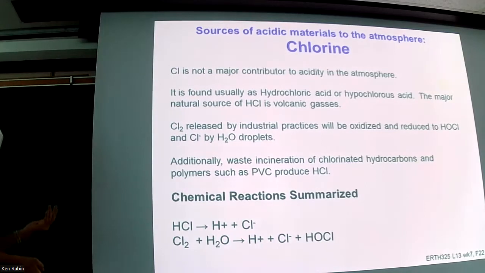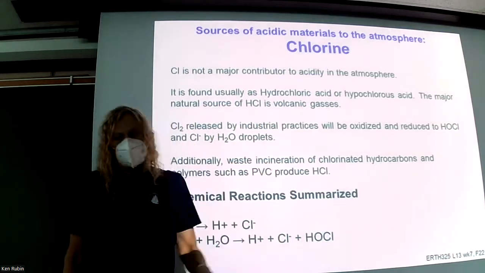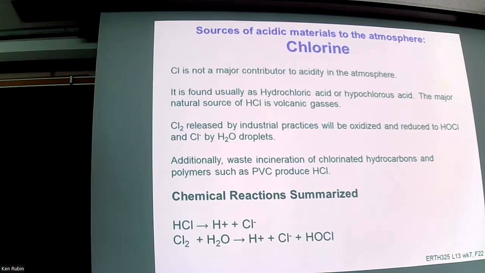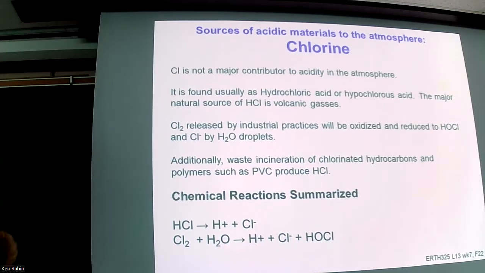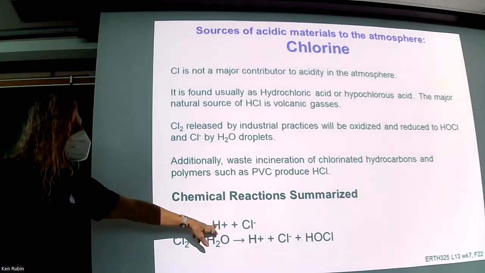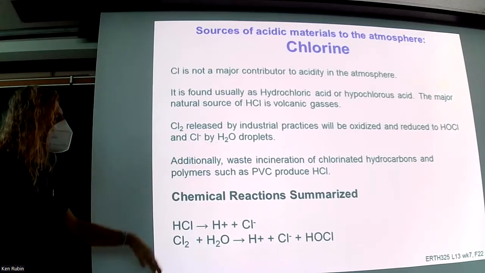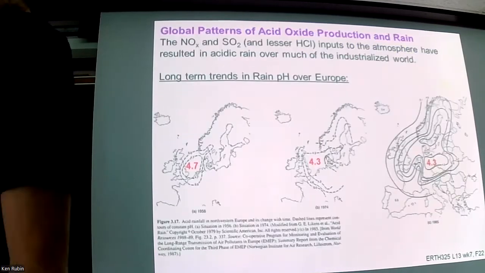The manufacture of those materials produces hydrochloric acid. Hydrochloric acid, and to a lesser extent hypochlorous acid, which is produced and used primarily in water treatment, are also sources of HCl to the atmosphere, which basically just dissociates and contributes to rain acidity. But it's a super localized effect. It's orders of magnitude smaller than sulfur and nitrogen globally.